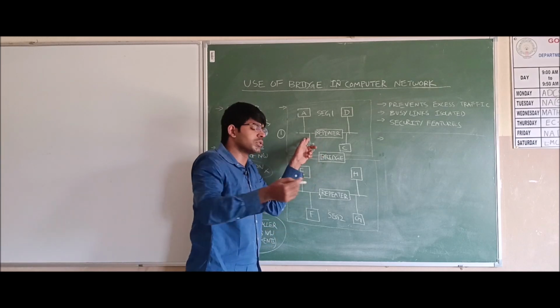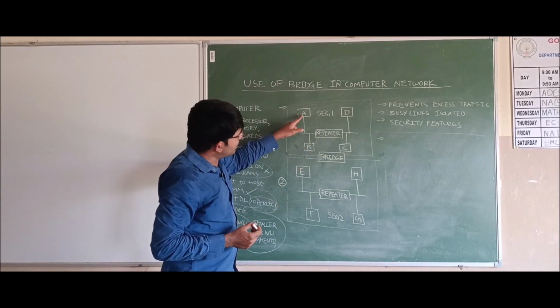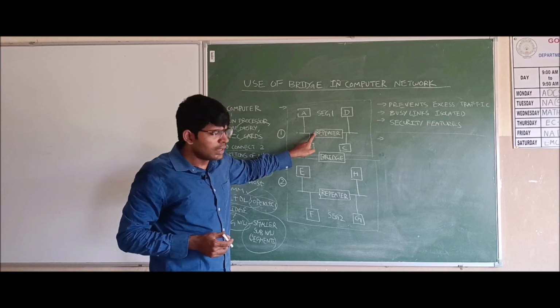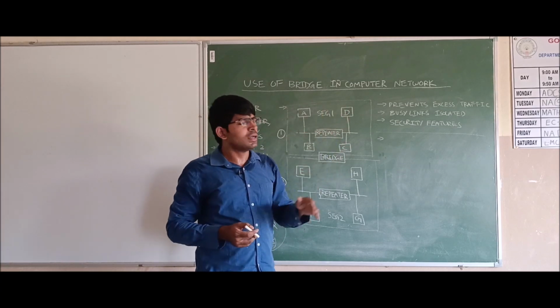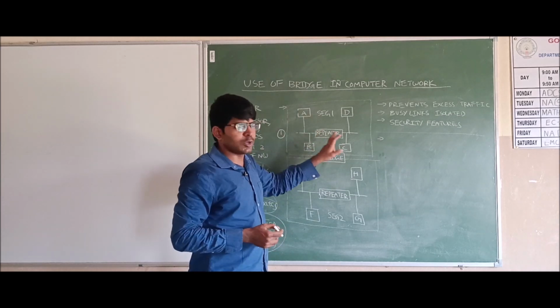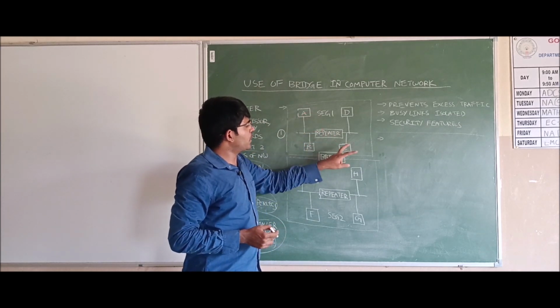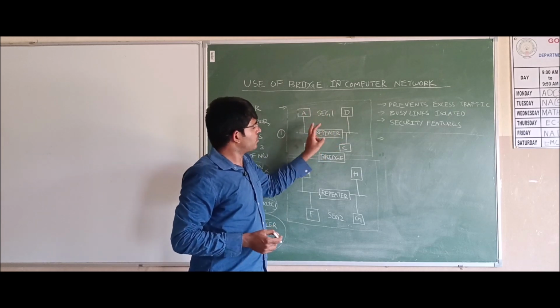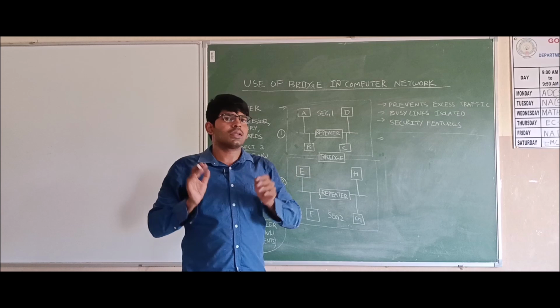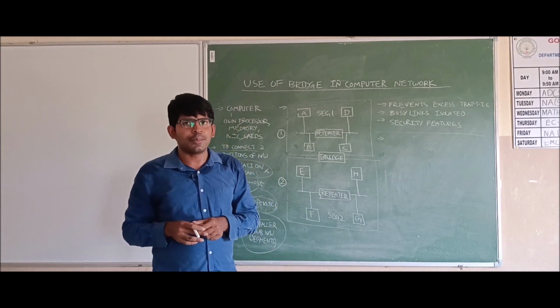Here the repeater, you already know. The message which we are sending here, the repeater will regenerate and send again. Example, if you want to communicate from A to C, it will go from A to repeater and to C. A to B, A to D, A to C, like that we can make the communication happen.